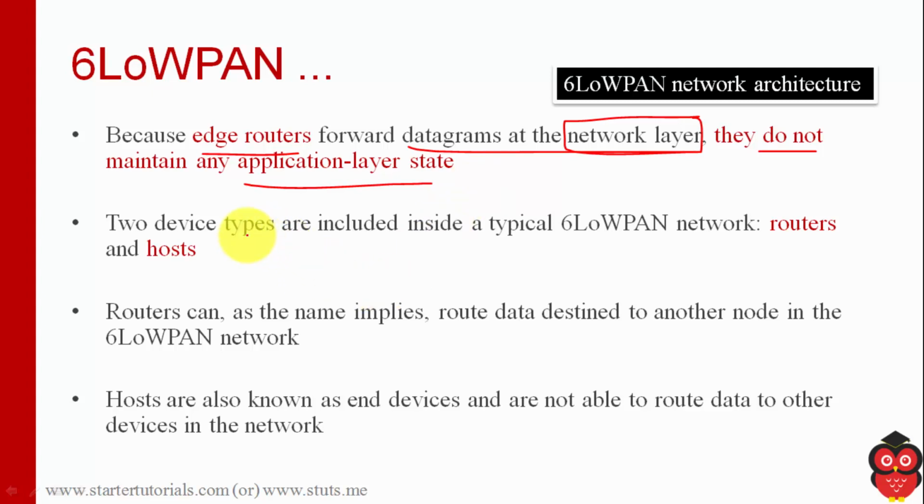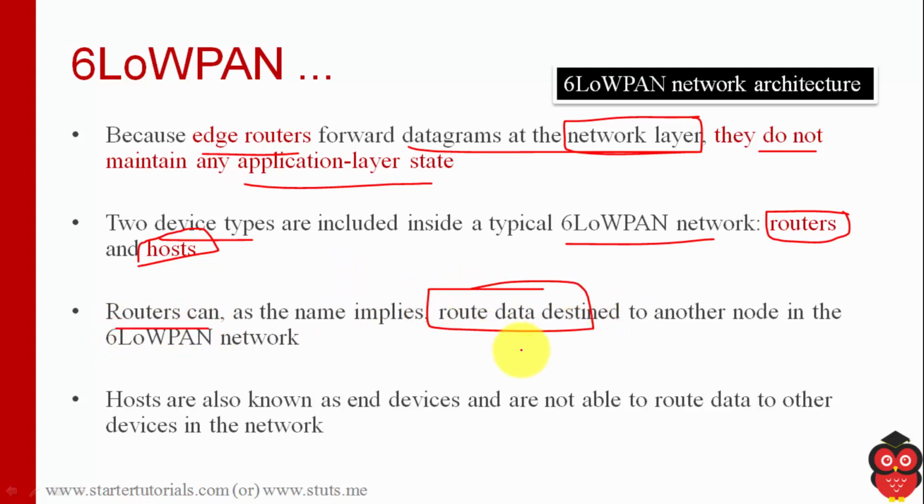Right. So there are two device types inside a 6LoWPAN network. One is routers, another one is hosts. Routers will do routing, that is, sending the data and receiving the data and giving it to the specific node.